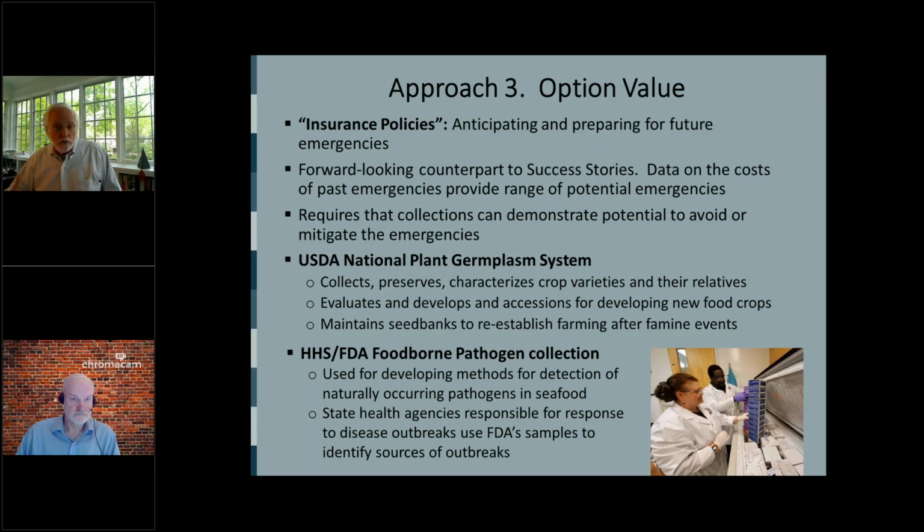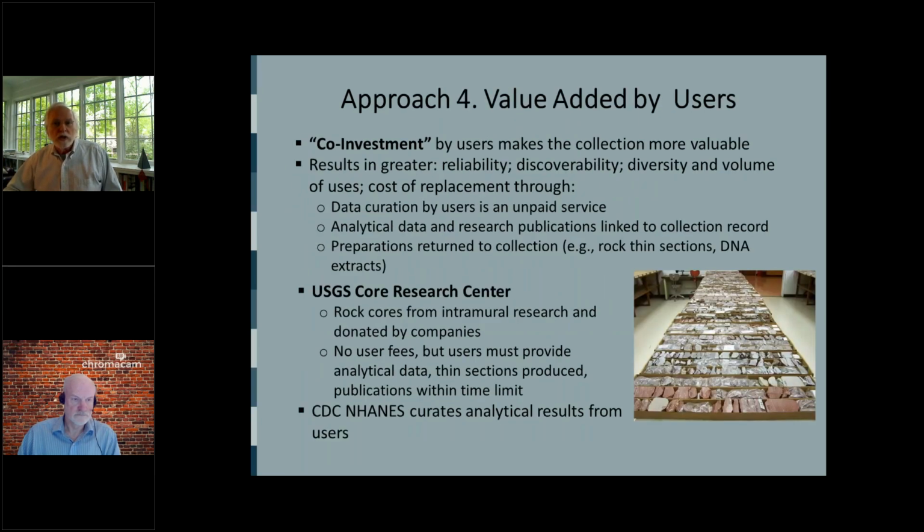You can know from history what those outbreaks in the past cost in terms of lost productivity, lost health, death. And so you can make an indirect argument that we keep these around in order to avoid these kinds of future costs.